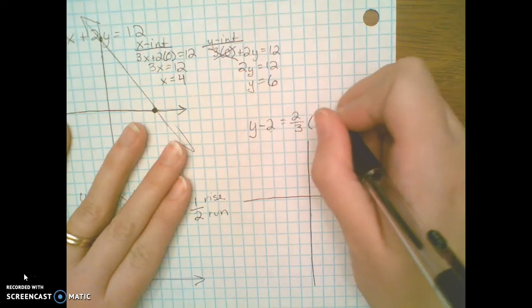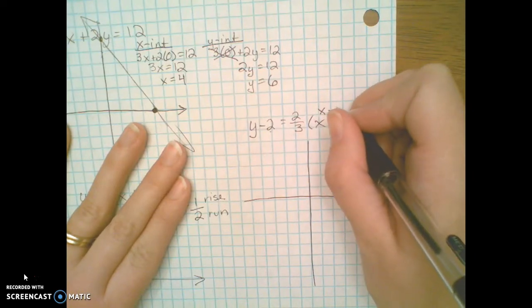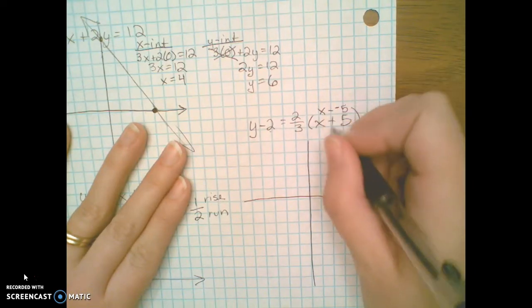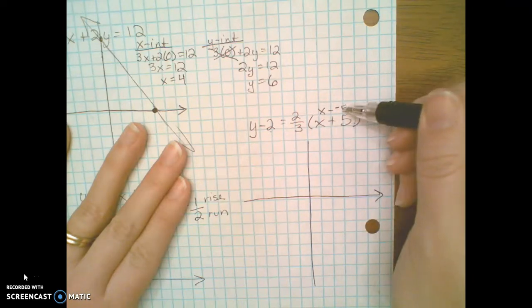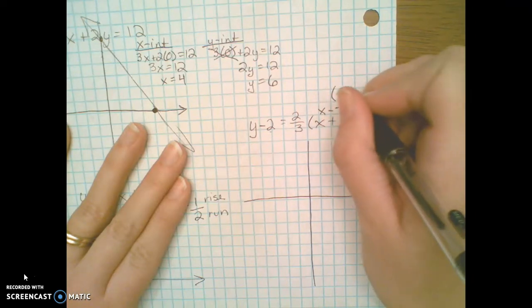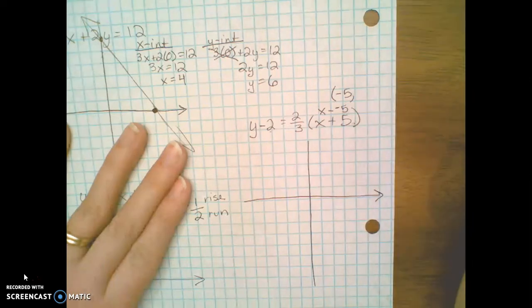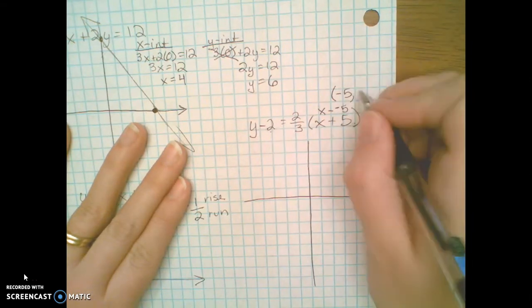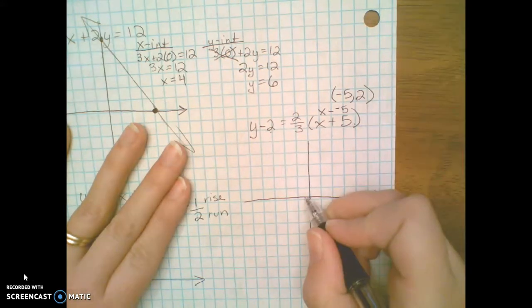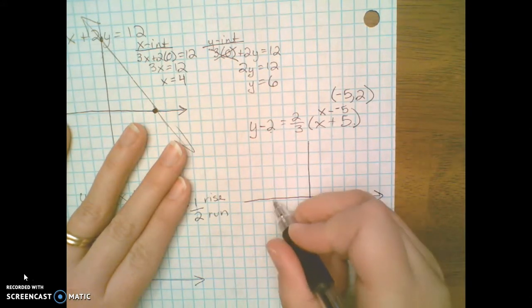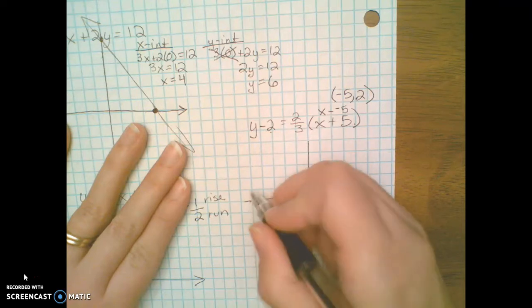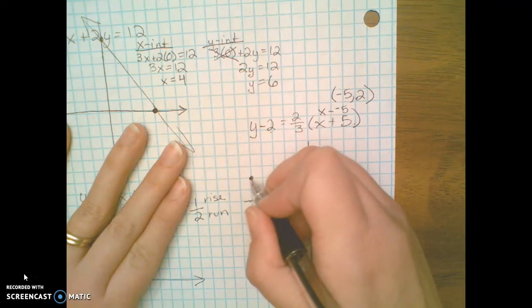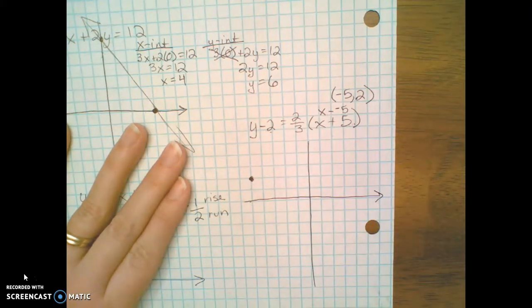So remember, point slope form is minus. So when we see the plus 5, it's really minus -5. So our x is -5, and then our y value over here is going to be 2. So -5, 2. So 1, 2, 3, 4, 5, and then 1, 2. So that's the place where we are starting.